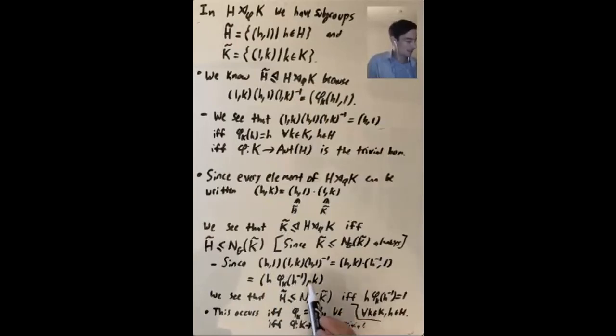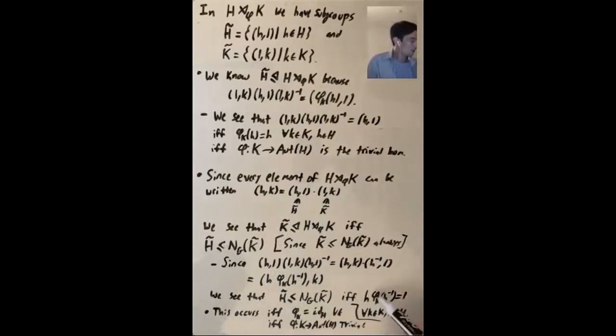K tilde, right? When do you conjugate an element in K tilde and get some other element in K tilde? Well, exactly when H times phi K of H inverse is the identity element of H. But when would that happen? That is only true when H times phi K of H inverse is the identity.